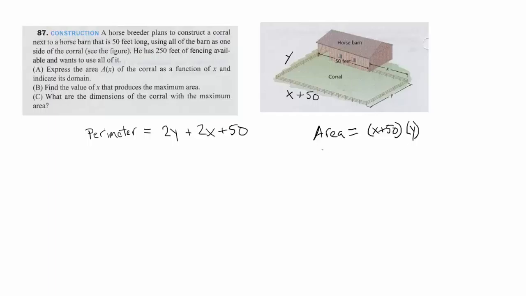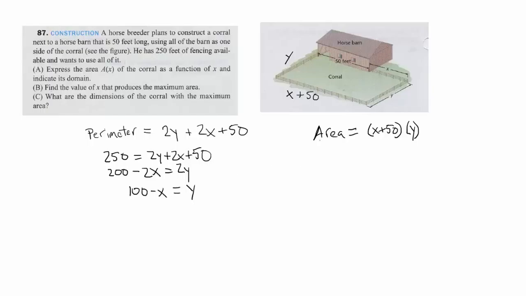And now in order to write this as A of x, we need to substitute in for y. So here in the perimeter formula, we know we have 250 feet of fence. So we subtract 50 from both sides, and we subtract 2x from both sides, and this is equal to 2y, and we divide by 2, so we get y is equal to 100 minus x.